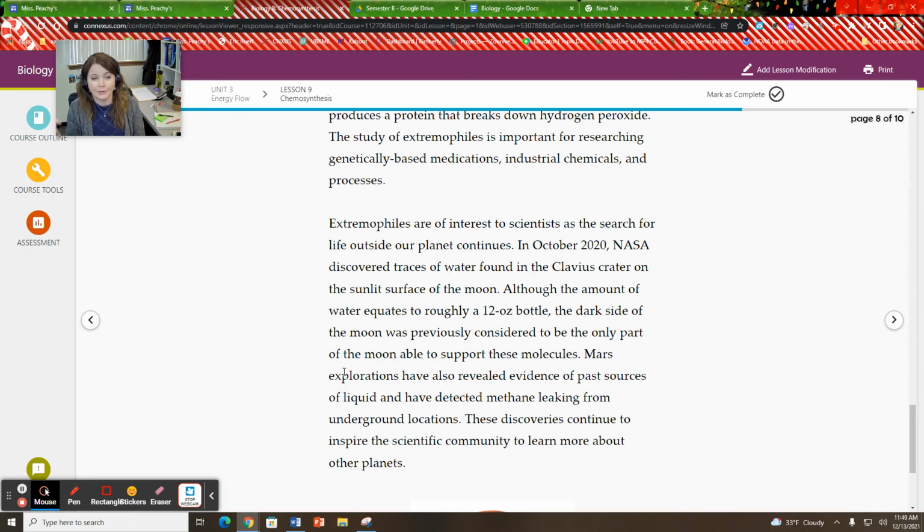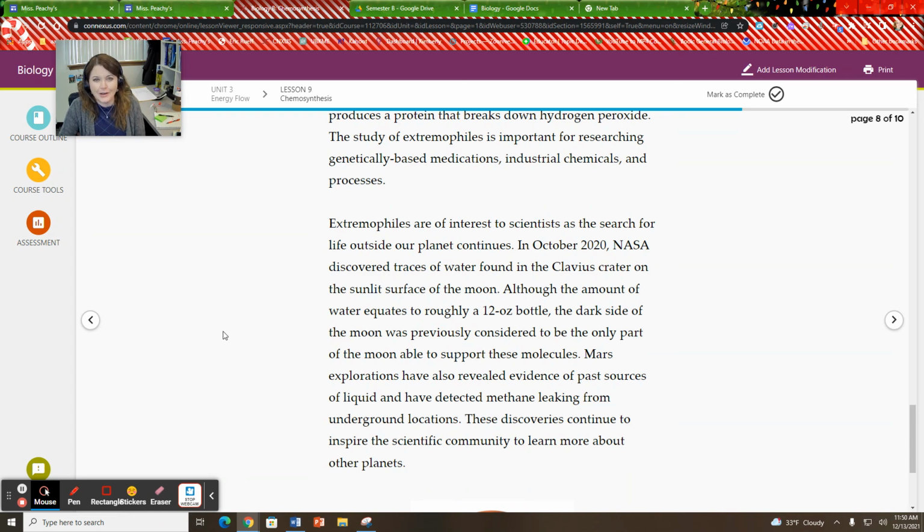So the question arises: if life has evolved on Earth to live in such extreme conditions, couldn't life have evolved on other planets where similar extreme conditions exist? So they study these extremophiles to broaden our understanding of what conditions are necessary for life. If such extreme conditions can host life here on Earth, that can broaden our understanding of where life could be elsewhere in the solar system.